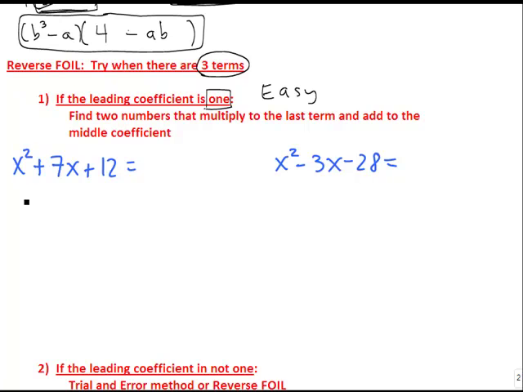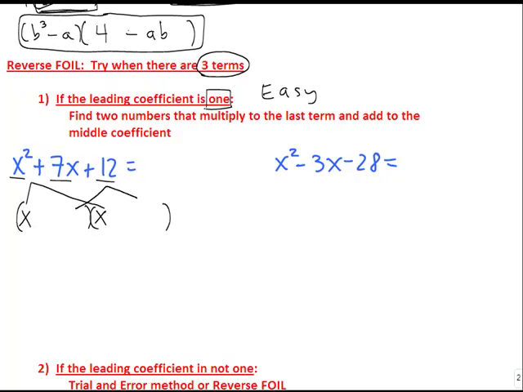What we're going to want to do is take our trinomial, this has 3 terms, 1, 2, 3, and we're going to break this up into a binomial times a binomial. And the way we're going to make this work is we're going to say, okay, what two things have to multiply to give me that x squared in front? Well, that has to be x times x.